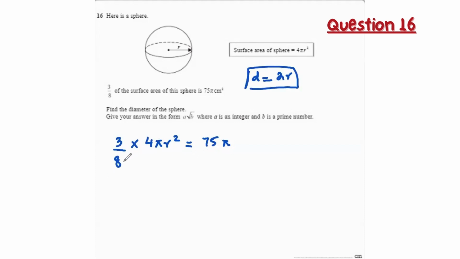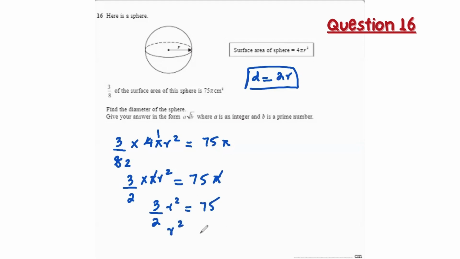So we can first simplify over here. 4 ones are 4, 4 threes are 12, over 8 gives 3 over 2 times pi r squared equals 75 pi. We can cancel the pi because there's a pi on both sides. So now we have 3 over 2 r squared equals 75.